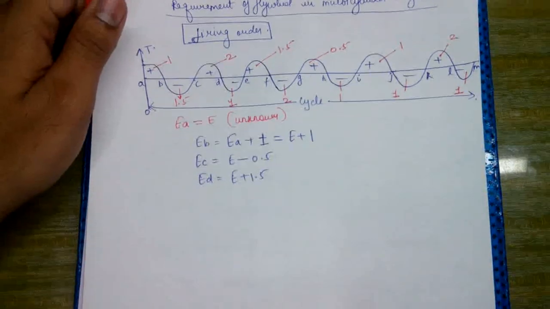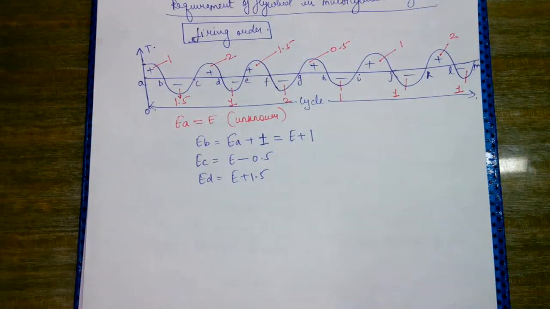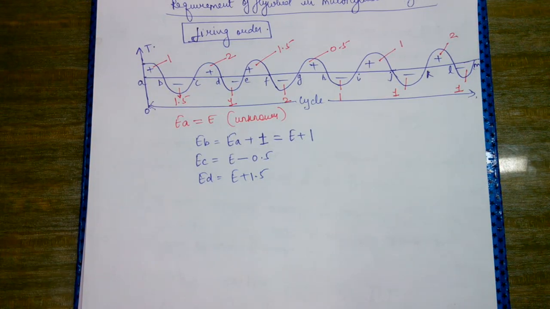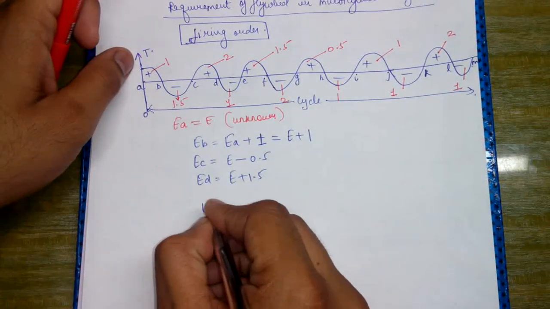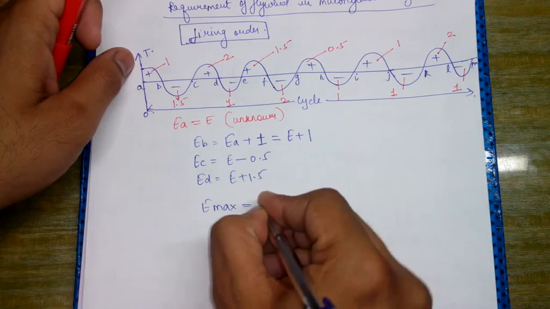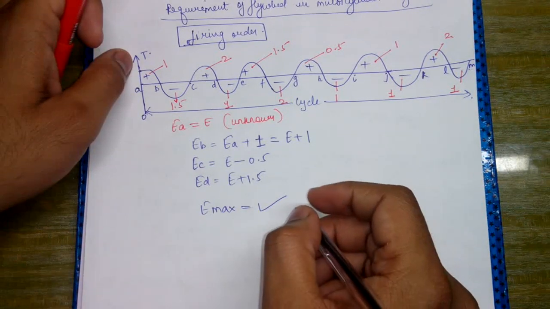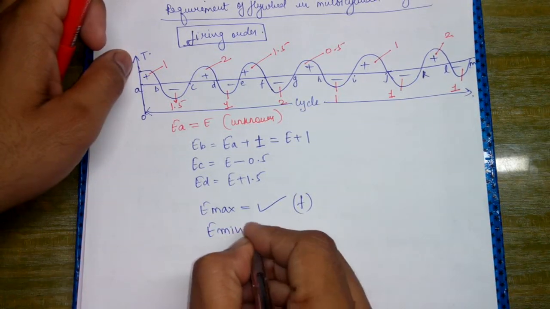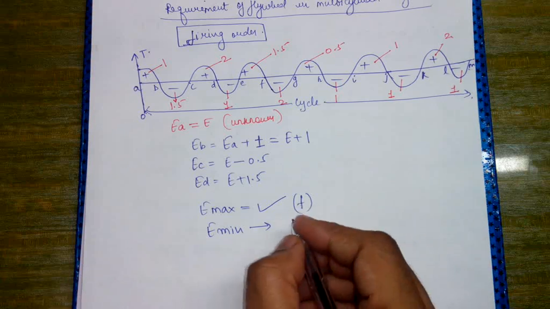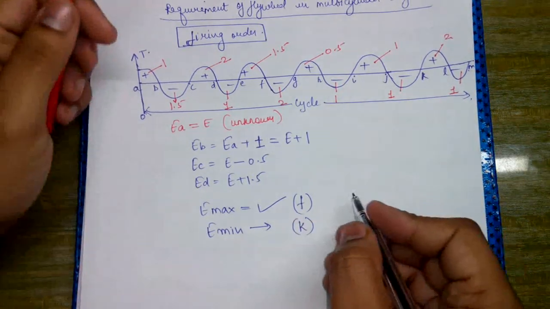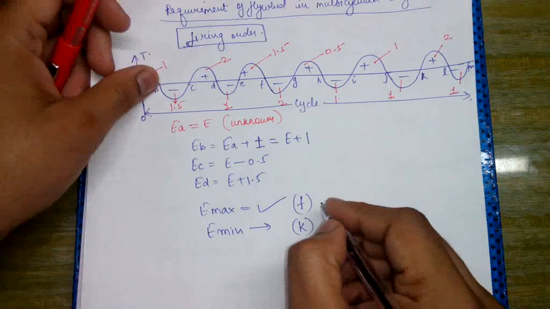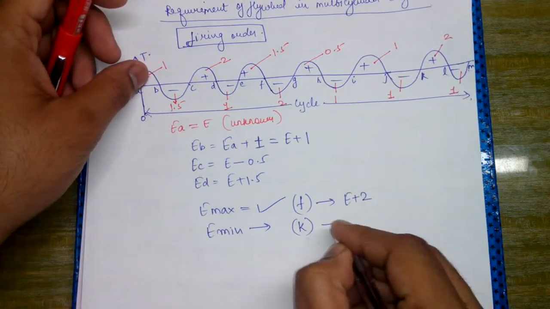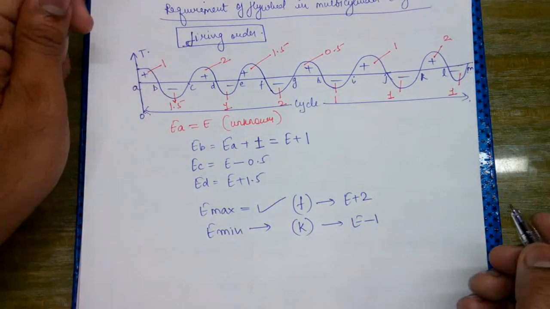So in the same way we can write down the energy at the different points in the diagram when we are drawing it for the multi-cylinder engine. We will see that E max can also be found out, and E max occurs at the point F, and E minimum occurs at the point K. So at F, the energy maximum would be E plus 2, and minimum energy is E minus 1.